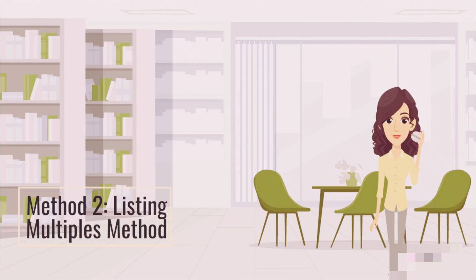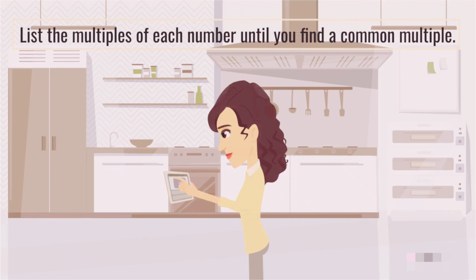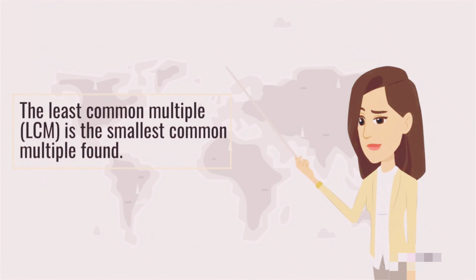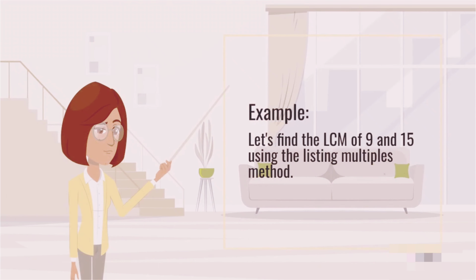Method 2, Listing Multiples Method. List the multiples of each number until you find a common multiple. The least common multiple, LCM, is the smallest common multiple found. Example. Let's find the LCM of 9 and 15 using the listing multiples method.